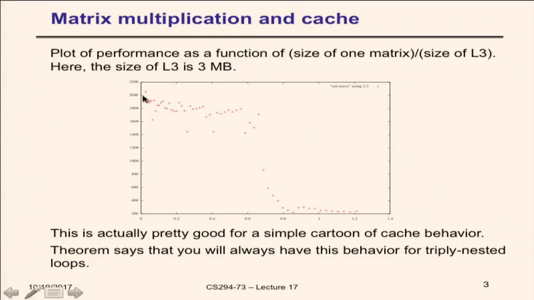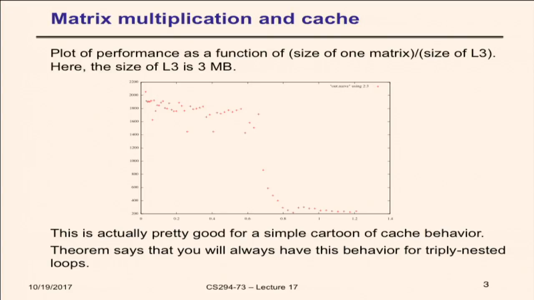I'm saying, if my matrix stays below 2 megabytes, which is 70% of cache, I can fit inside of cache and I get very good performance. As soon as I go outside of something that is somewhere between a half and all of cache, the matrix being between a half and all of cache, then I fall on the floor. As performance cartoons go, this is actually a pretty good result.